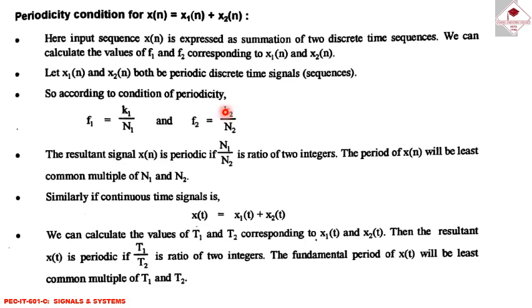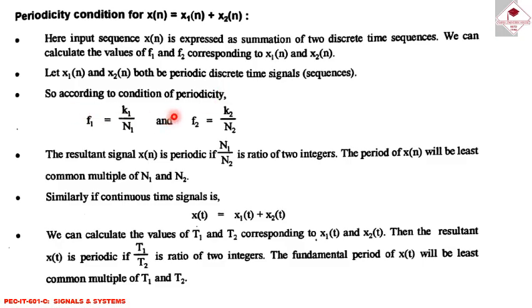Periodicity condition for x[n] equal to x1[n] plus x2[n]. Here the input sequence x[n] is expressed as the summation of two discrete time sequences. We can calculate the values of f1 and f2 corresponding to x1[n] and x2[n]. Let us assume x1[n] and x2[n] are both periodic discrete time signals.